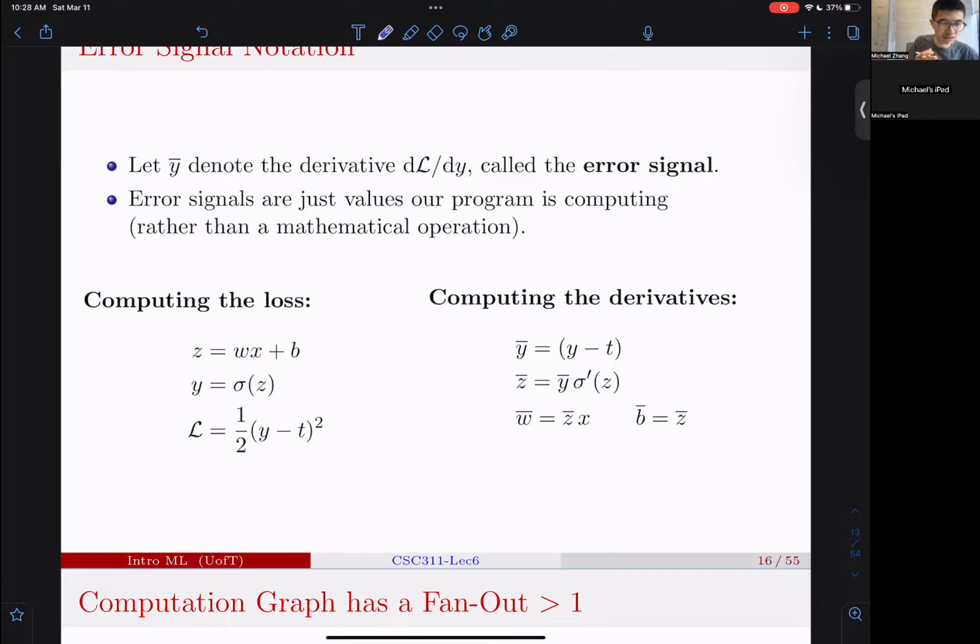Because we only care about the derivatives with respect to the loss, we can compress the notation a bit by defining y-bar to be equal to partial L partial y. And in general, for any variable a in our computational graph, we're going to denote a-bar to be partial L partial a. So in math, this might be more precisely expressed as the total derivative.